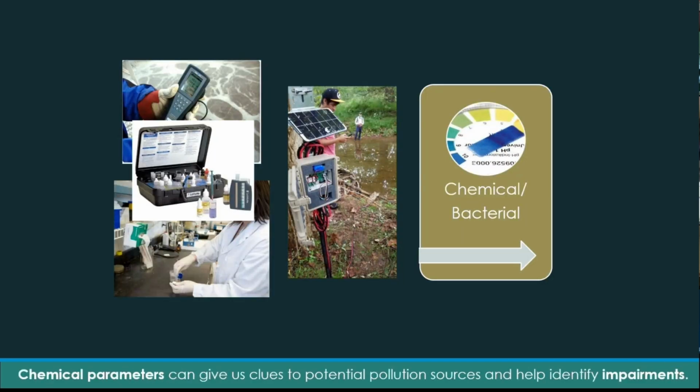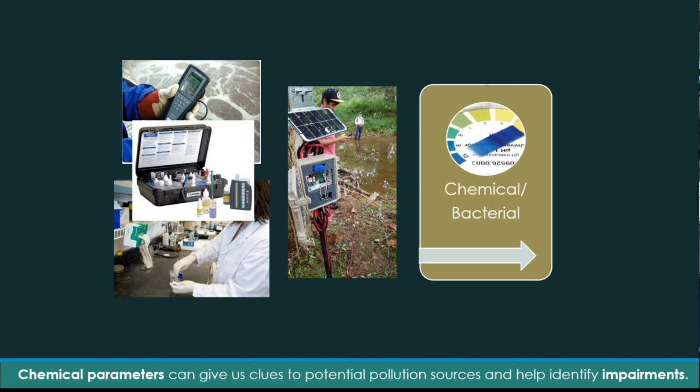So on the other end of the spectrum, there's chemical monitoring. I do lump bacterial monitoring into this because sometimes we treat it in the same way that we do chemical monitoring. But the reason I lump it together is because this tends to be more of a snapshot, a single point in time. We go out, you can use a LaMotte kit like you see here. You can use a handheld meter.